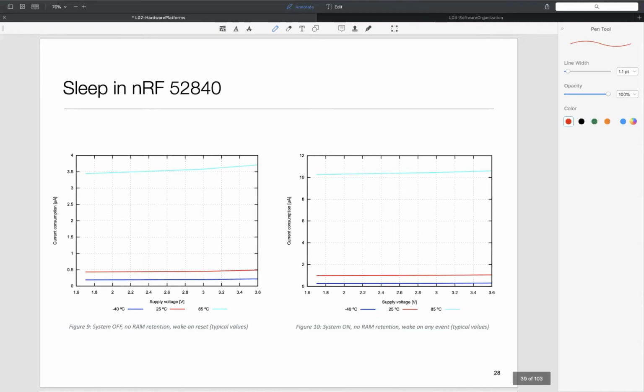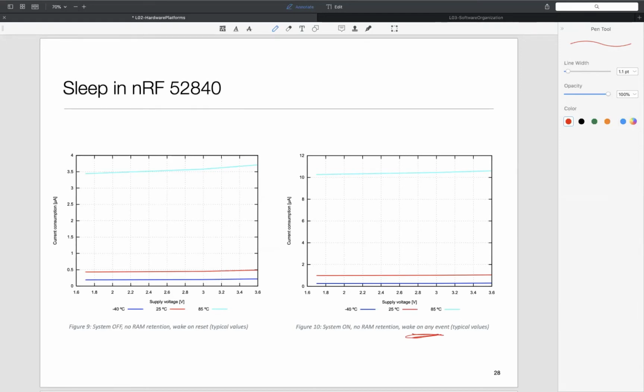Okay, now what you see out here is, on the left hand side, when the system is off, there is no RAM retention, and the only way you can wake up is if the system is reset. On the right hand side, the system is on, no RAM retention, but you can wake up on any event, like some interrupt or something. So one thing you see is the right-hand plot consumes more power.